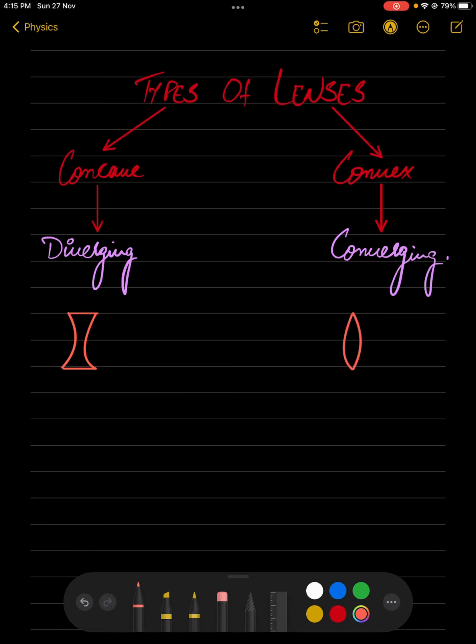Now this is convex on the right side and this one is concave on the left side. Now the point here is कि अगर हम concave या convex की बात कर रहे हैं तो इनके कुछ use cases भी होंगे. तो वो use cases क्या हैं और ये हमें usually कहाँ नजर आते हैं ये भी पता होना चाहिए.